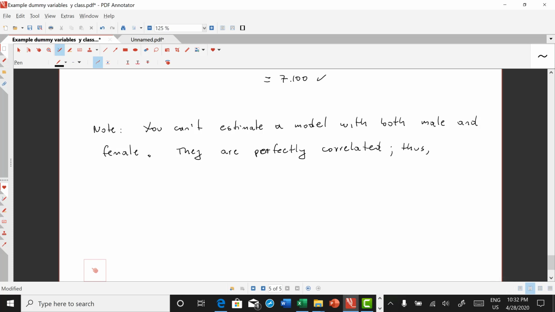Thus, that violates the no perfect collinearity assumption of multiple linear regression. Okay, and with that, I think we can cover this example about the use of dummy variables to represent qualitative information of two categories within the context of the multiple linear regression model.